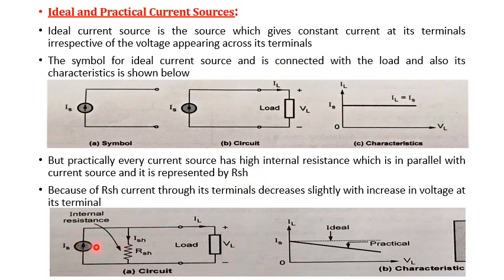This is the practical current source. It consists of a parallelly connected high internal resistance. Due to this resistance, there may be the ISH current, the internal resistance current. If you observe the characteristic, obviously there will be a drop in the source current. So this is called the practical current source.